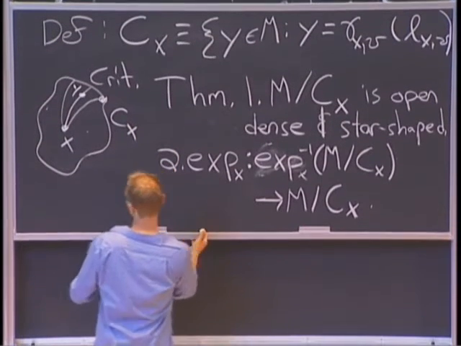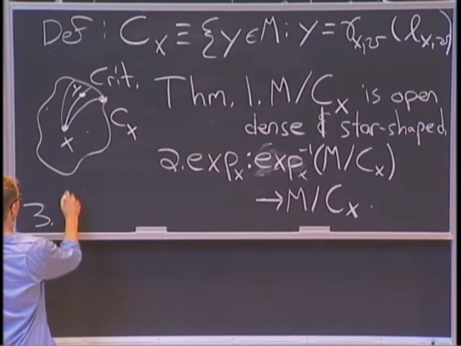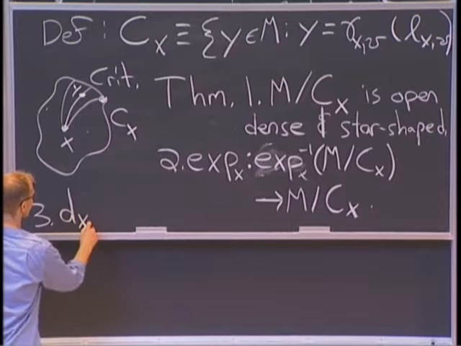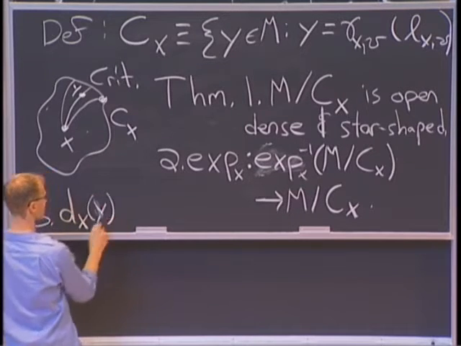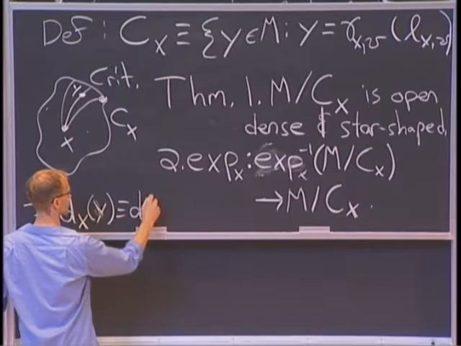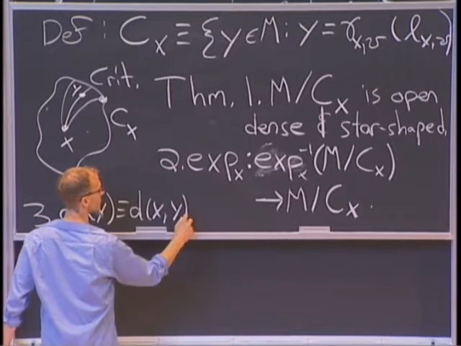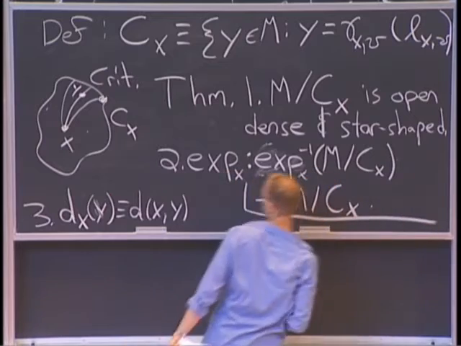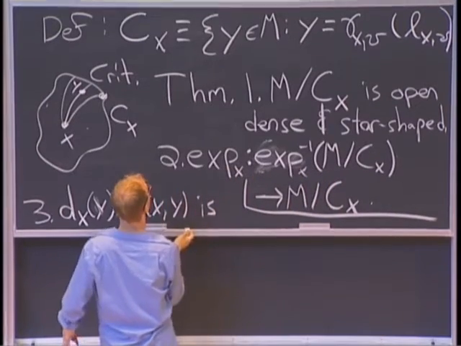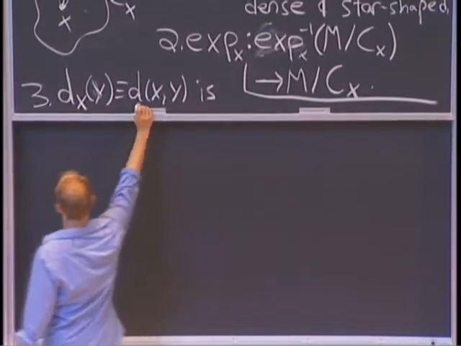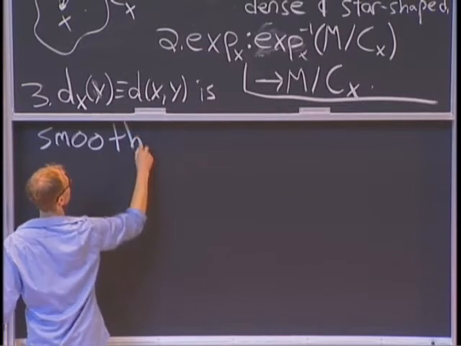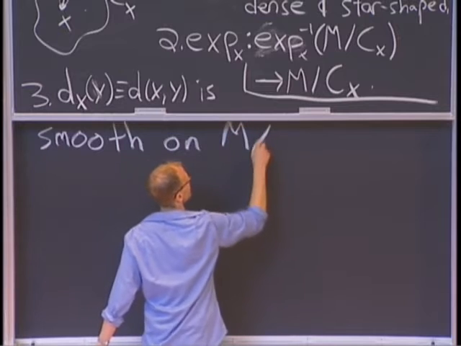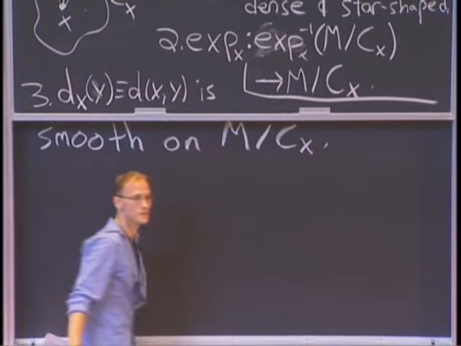And the final point we're going to need here is that the distance function centered at x, so with x fixed here, we're kind of viewing y as the variable, is smooth on M minus the critical set.